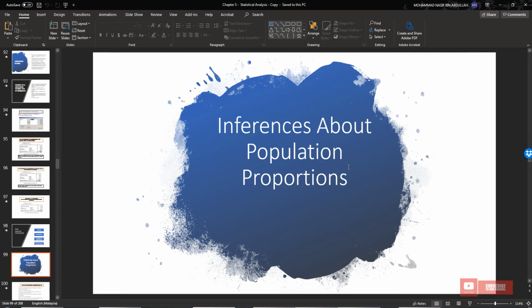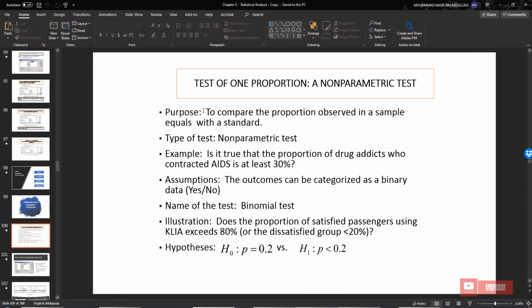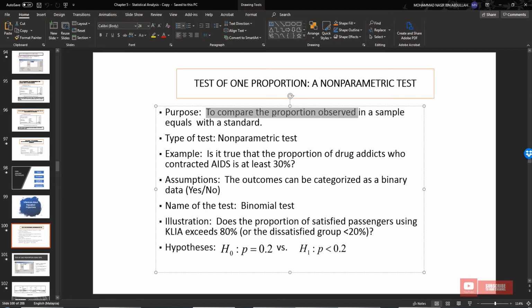Inference about the population proportion. For population proportion, we want to compare the proportion observed in a sample with a standard. This is a non-parametric test.